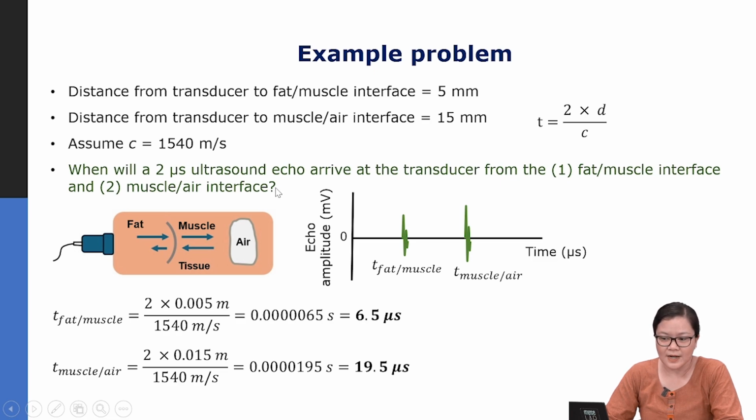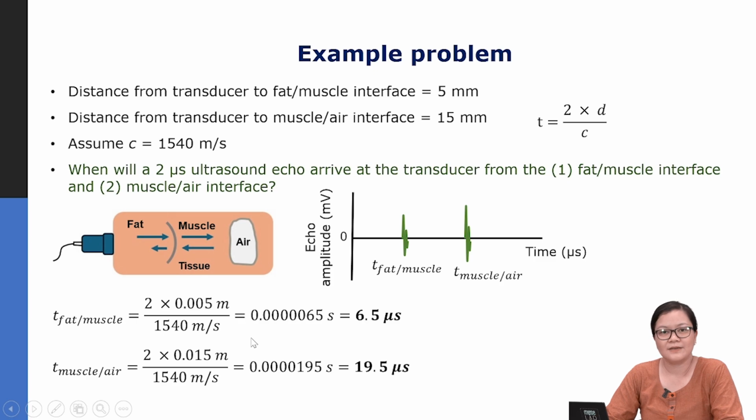We use our time of flight equation, our range equation, and we plug in the values for the distance from the transducer to the fat-muscle interface. We make sure that the units are consistent, so 5 millimeters will turn into 0.005 meters. It's important to pay attention to your units.